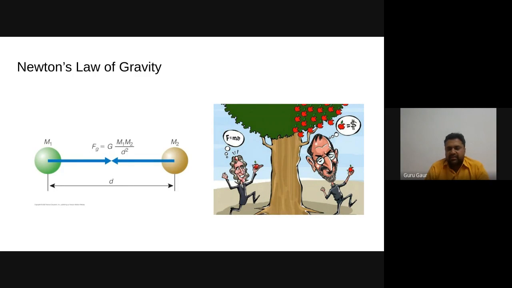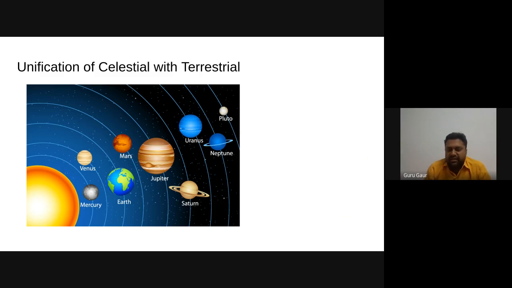So Einstein described gravity as a force, by which the two mass bodies pull each other. And then he extended this law to explain the formation of our own solar system, and the same law applies to the formation of galaxies, stars, and other things.